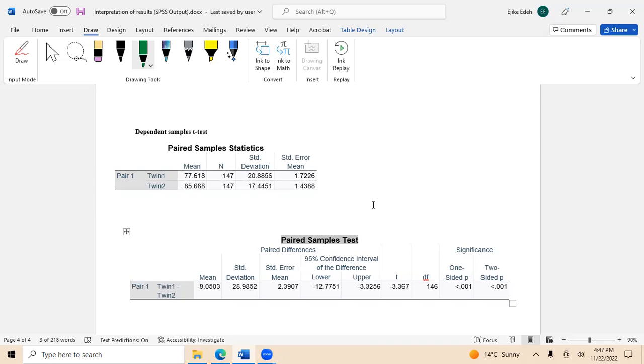So ignore Levene's test in this case. Some people do conduct some kind of tests, but it's generally not really needed. So we ignore Levene's test and go ahead to interpret the output for the paired sample t-test.